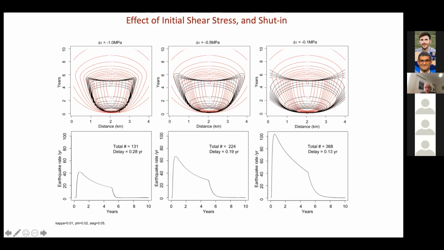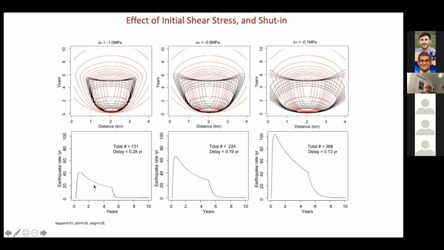You'll notice that at lower initial stresses, the expansion of the induced earthquake zone is slower than it is for higher stresses. Also, the onset of seismicity, that's this delay, becomes shorter as you increase the initial stresses.